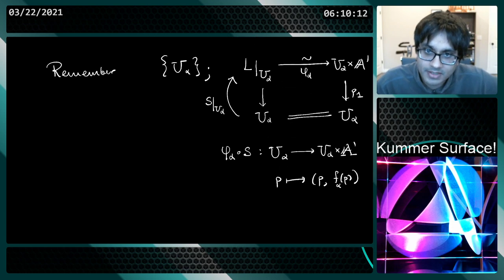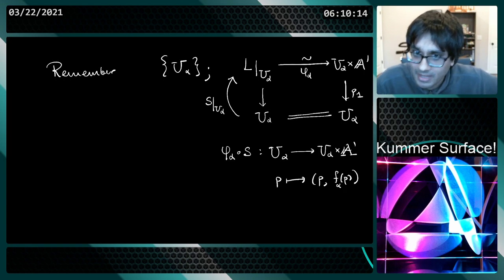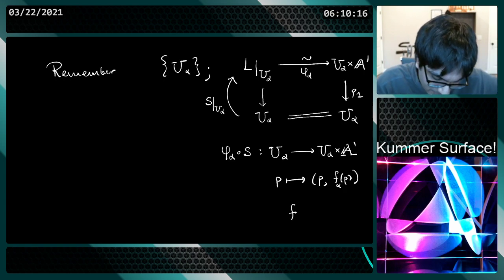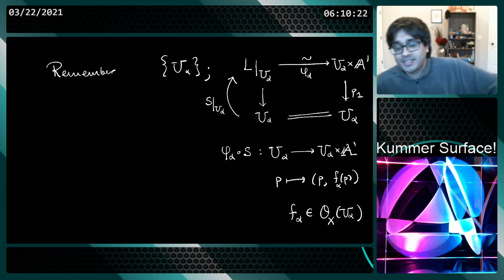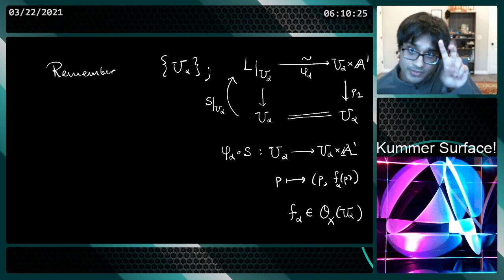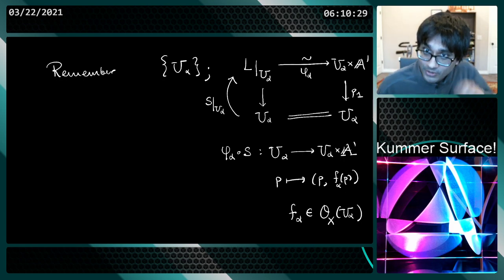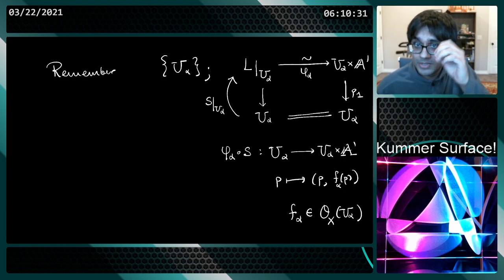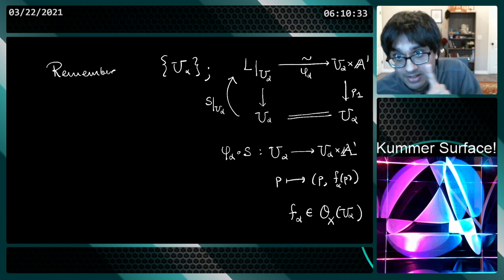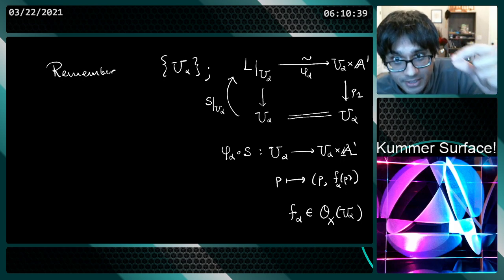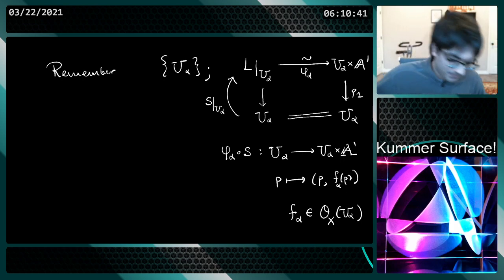F alpha of p. The dependency on alpha is something that I'm specifying. In other words, a section trivializes to a regular function on that open set. Remark, only on that open set do you see a function, because you have a particular trivialization that you've chosen.